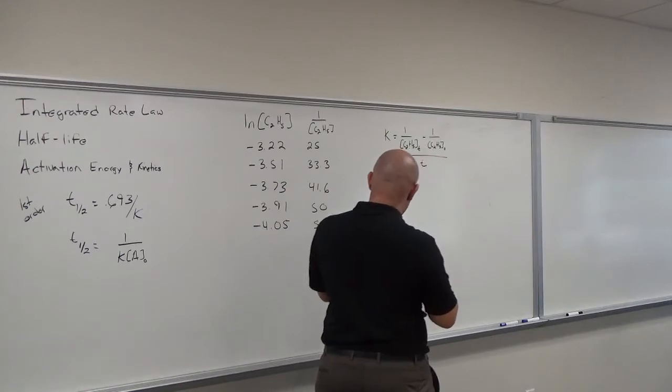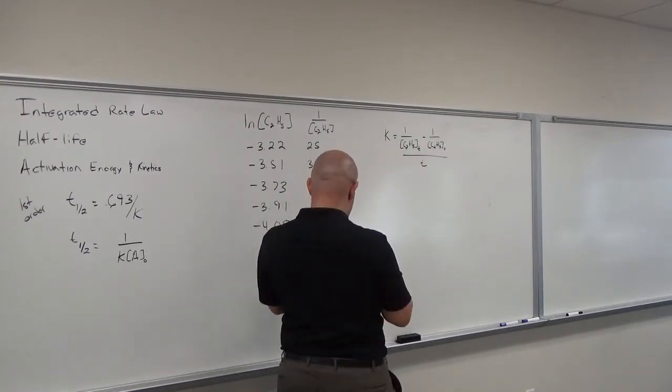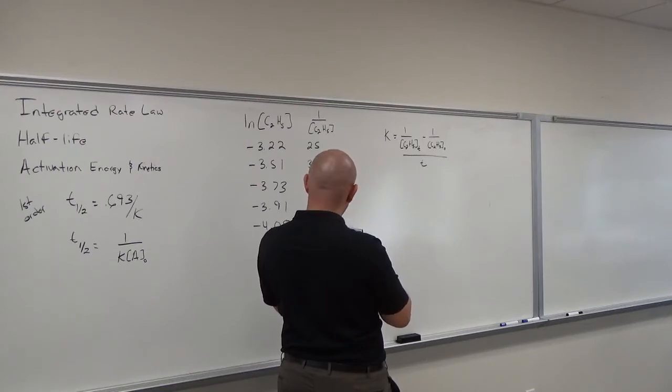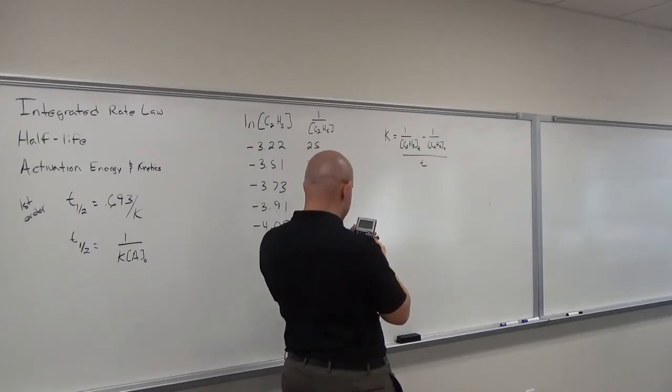So 1 divided by, let's just do these two. 33.3 minus 1 divided by 25. Oh, excuse me. These values are already done. Sorry, don't divide them again. 25.